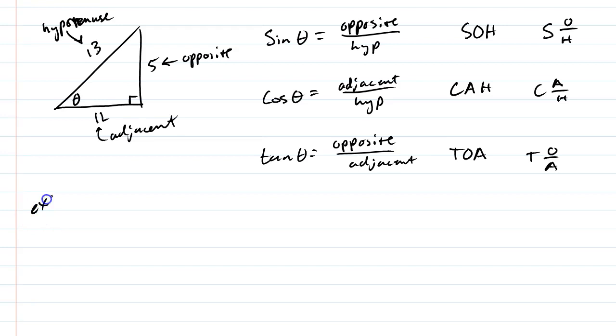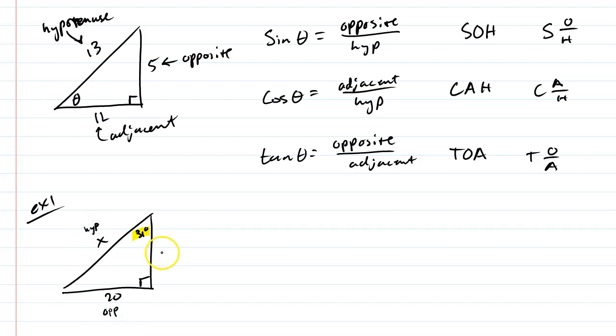So, example 1. Let's say that we wanted to find a side. We know that this right here is 31 degrees, and we have 20 here and the x right there. Now standing in this corner, we have to think about what sides we have. We have an opposite, we have a hypotenuse, we don't have the adjacent.